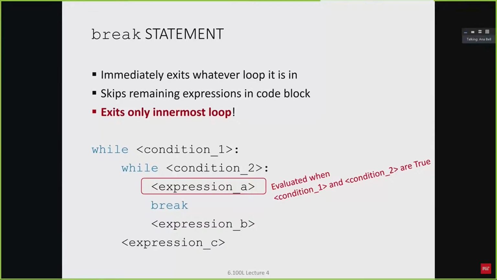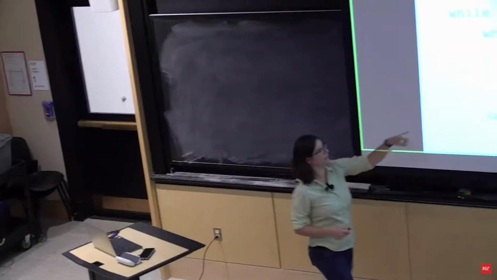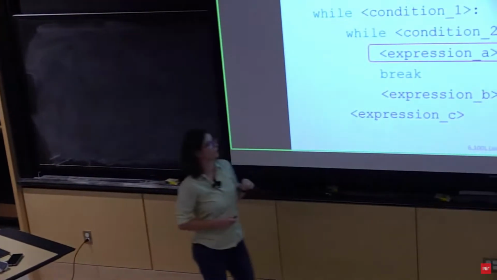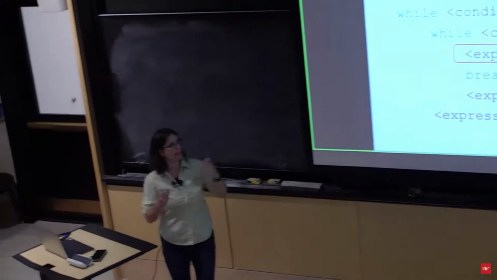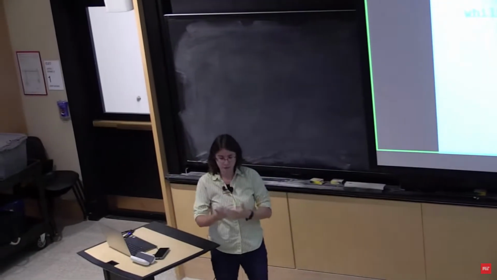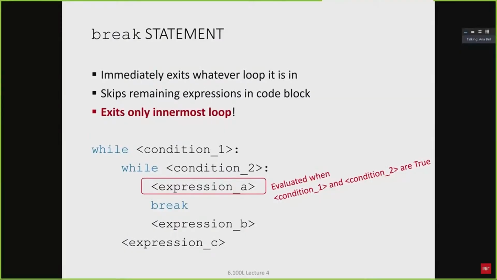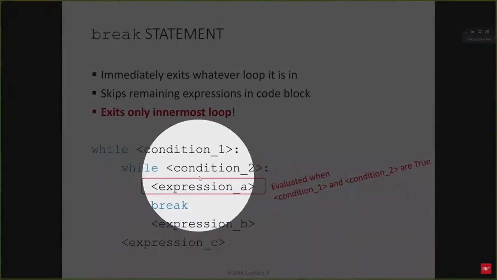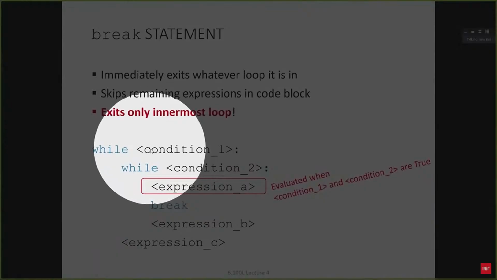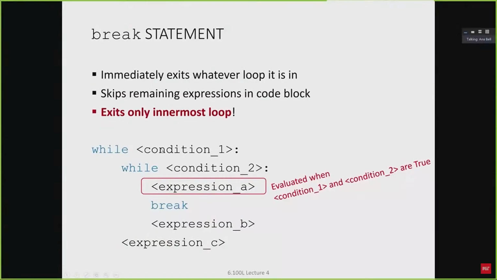So we enter the first while loop and we enter the second while loop. Both of those conditions have to be true. But Python, as soon as it sees this break statement, will immediately exit the loop that surrounds that break statement. So the loop that surrounds the break statement is the one that has condition 2, right? The condition 1 loop will keep going.